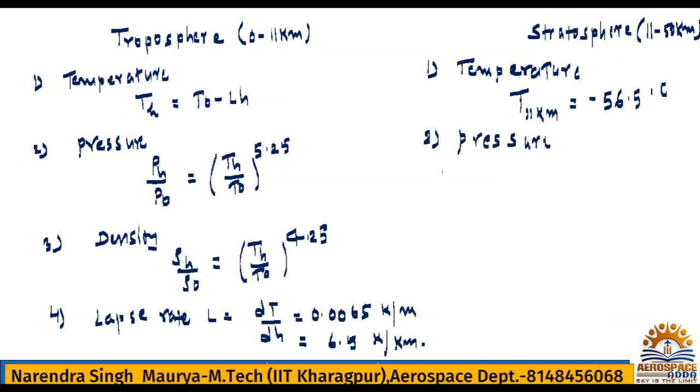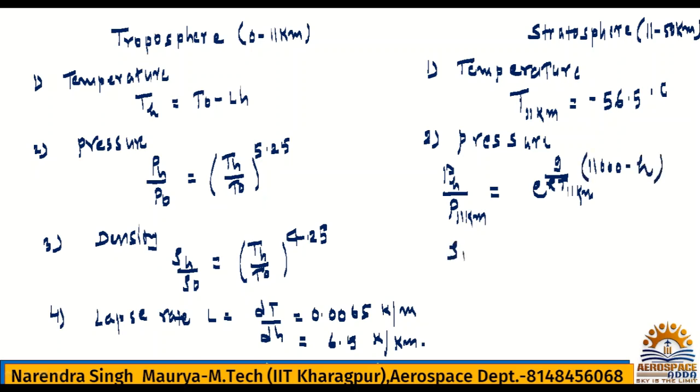Then we'll calculate pressure. So the pressure at any altitude, pH, because the reference line now will be 11 kilometer for the stratosphere, will be g upon RT at 11 kilometer, times (11,000 meter minus H).